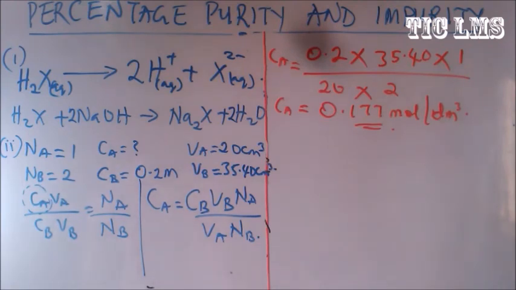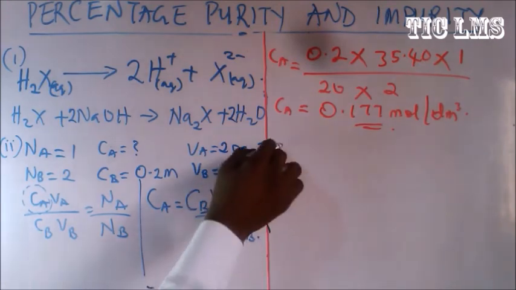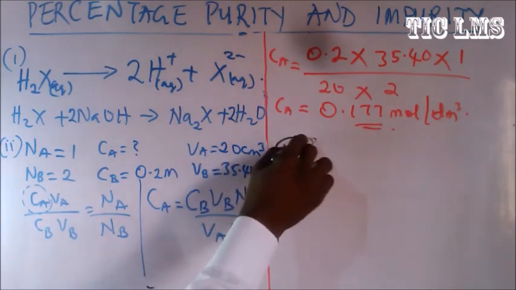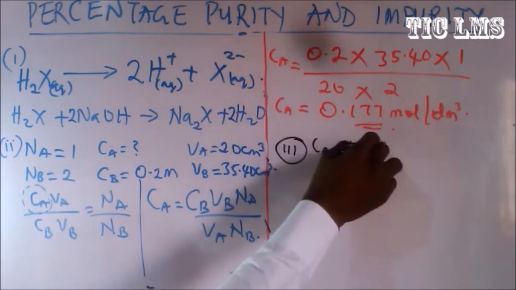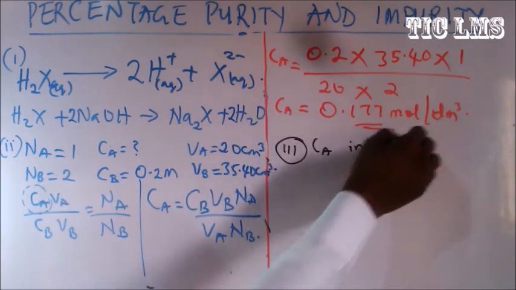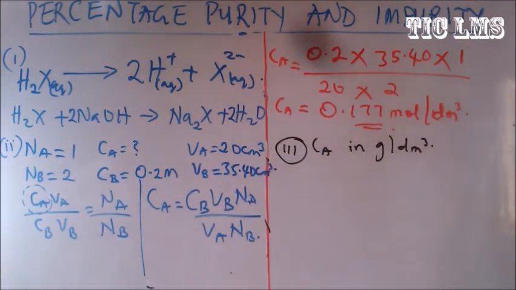Now the third part says we should find the molar mass of the dibasic acid. We do not have the complete formula of the acid, but we have the concentration of the acid, and we could also get the concentration of the acid in gram per dm cube. And so from these two pieces of information, we will be able to get the molar mass of the acid.